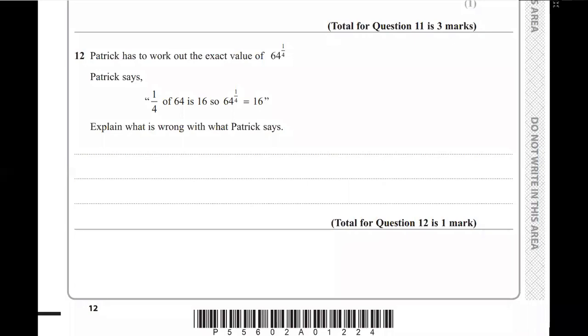Moise, can you read the question for me? Patrick has to work out the exact value of 64 to the power of a quarter. Patrick says a quarter of 64 is 16, so 64 to the power of a quarter is 16. Explain what is wrong with what Patrick says. What mistake has he made? You're supposed to find the fourth root of 64, instead he did a quarter times 64.